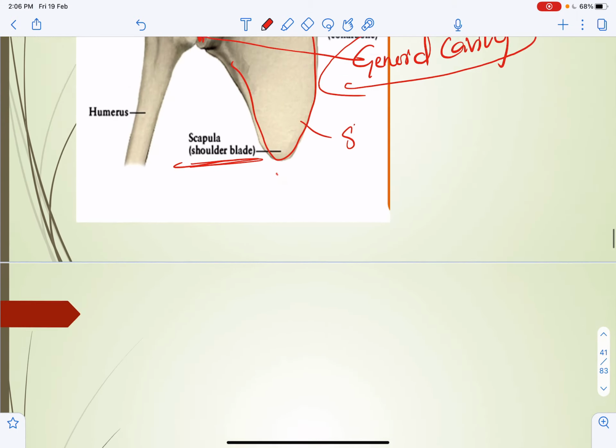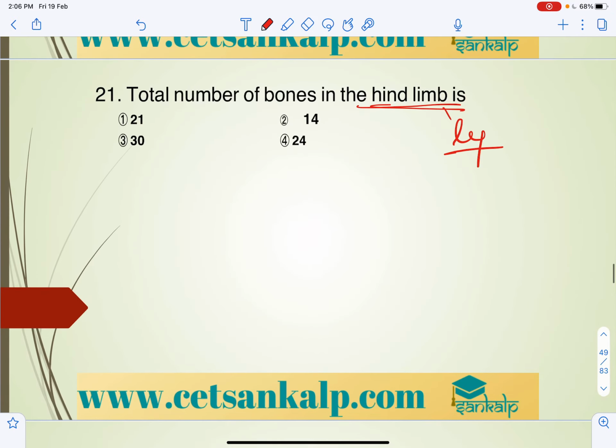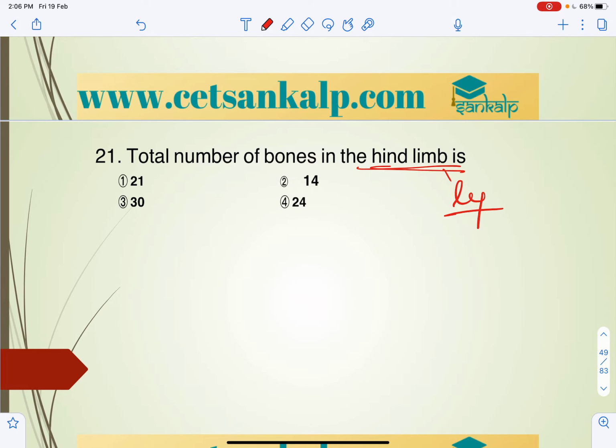Next, we'll take this question: total number of bones in the hind limbs.